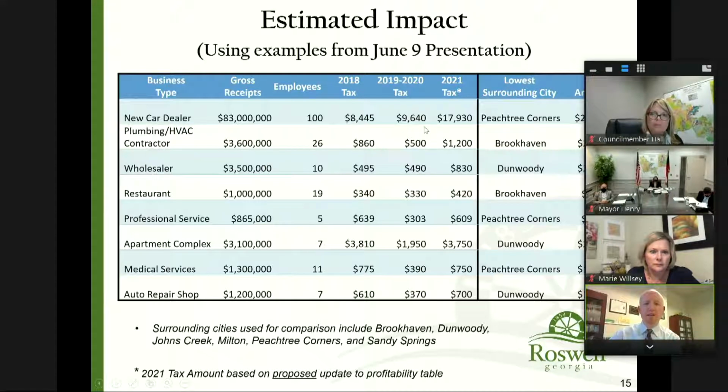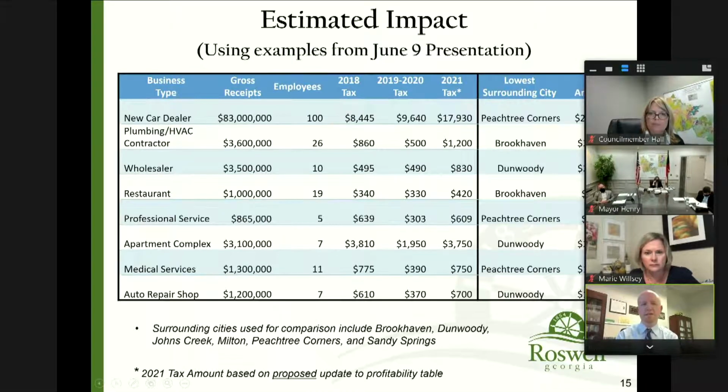Moving on, on this far right-hand section, just as a point of comparison, I wanted to provide how that would compare to our neighboring cities. This is again from the presentation back on June 9th. We looked at cities including Brookhaven, Dunwoody, Johns Creek, Milton, Peachtree Corners, and Sandy Springs. These are all cities that have the gross receipts methodology.